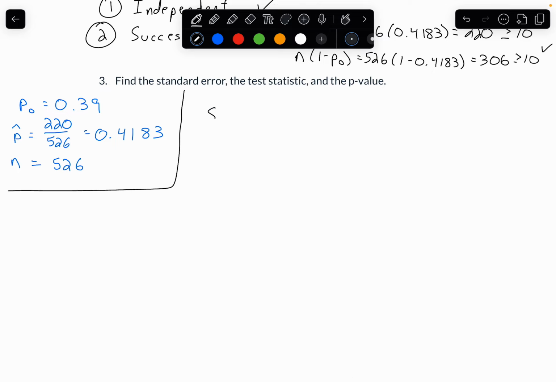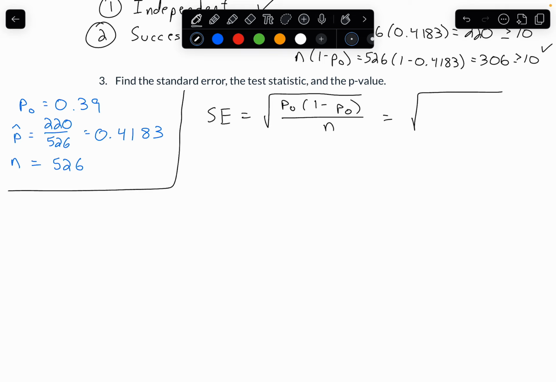So we're going to start with standard error, which all of these formulas are given right above this video if you need to take notes or reference them throughout your homework. But the standard error says square root of p naught times 1 minus p naught divided by n. Remember, p naught is coming from your null hypothesis.